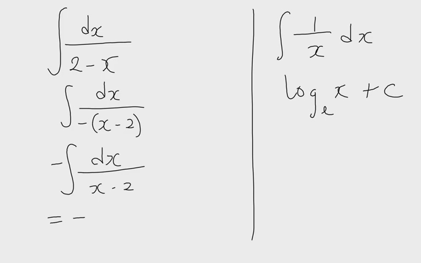This is like saying factorize minus 1, because we have minus 1 here, okay? So we have 1 over minus 1 times the integral dx over x minus 2. So that's what this is. And 1 over minus 1 is going to give us minus, okay? That's minus 1.